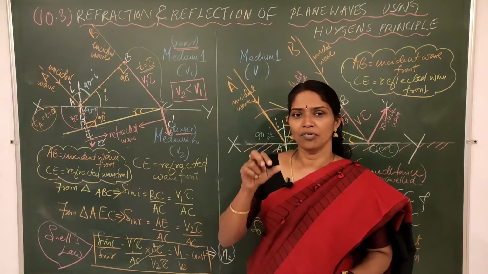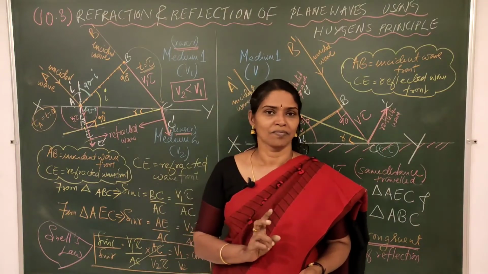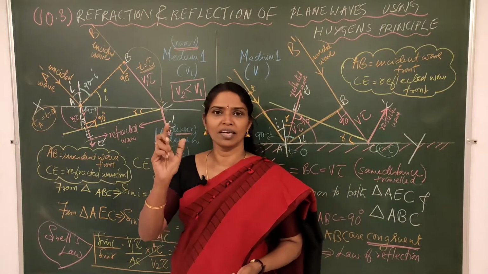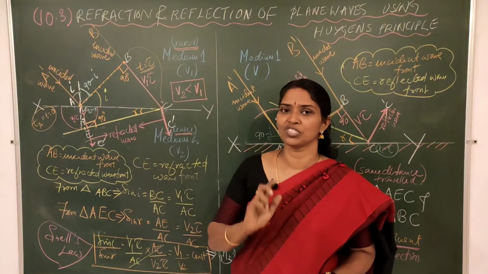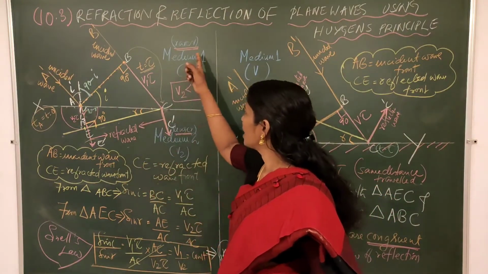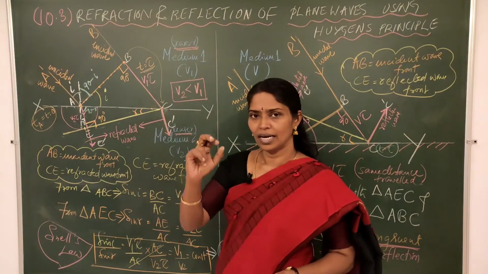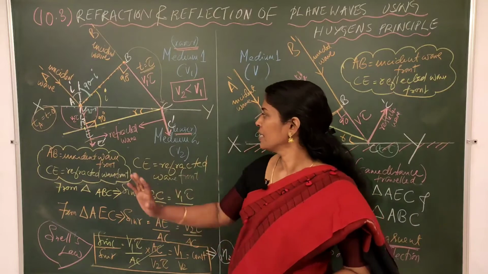That we know. If you check the refractive index values, glass 1.5, water 1.33, you know all these values, from that we can understand which is rarer and which is denser. So when you go from rarer to denser, the velocity is lesser than that in the rarer medium.